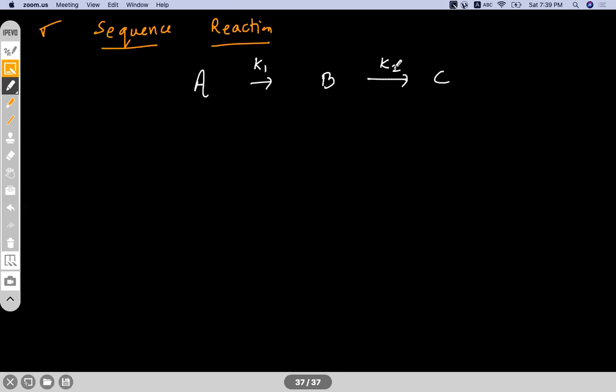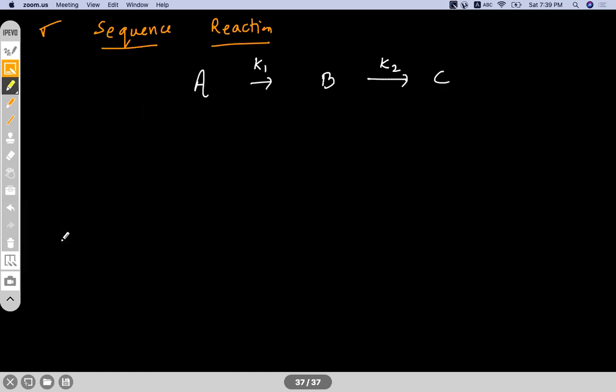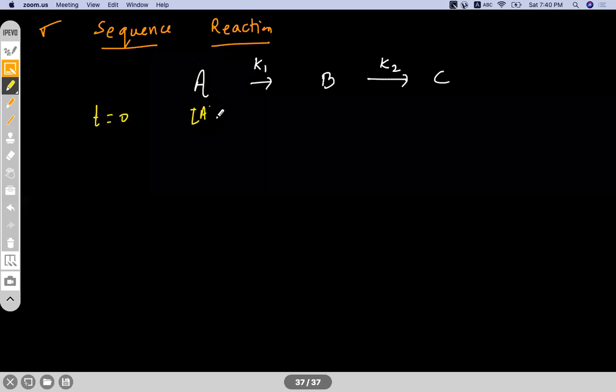So what we are going to find out in this, look at each and every step properly, otherwise you'll get confused. At time t = 0, the initial concentration is A naught, and B and C are 0.